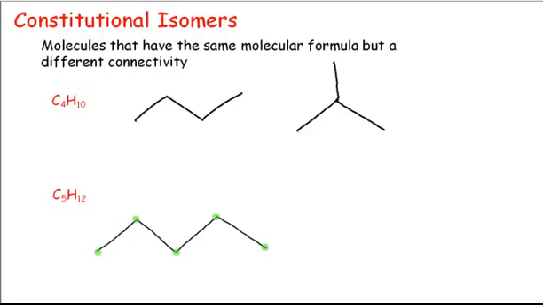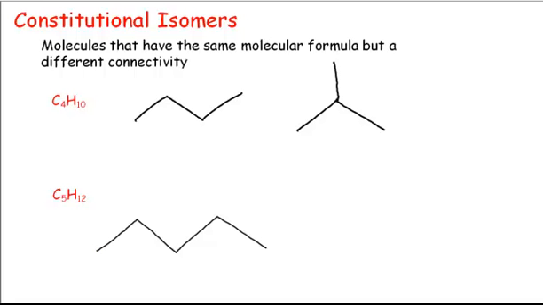Let's think about the number of hydrogens that we have. And I'm just going to write the number 3, 2, 2, 2, 3. So I have 3, 5, 7, 9, 12. So I've got all of my atoms accounted for here. That's my first constitutional isomer.